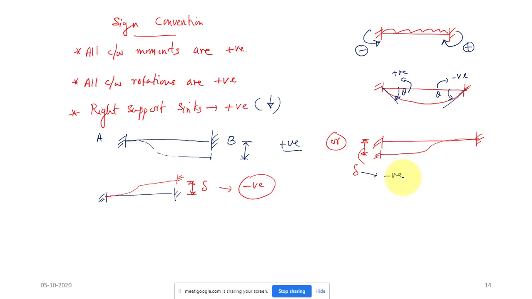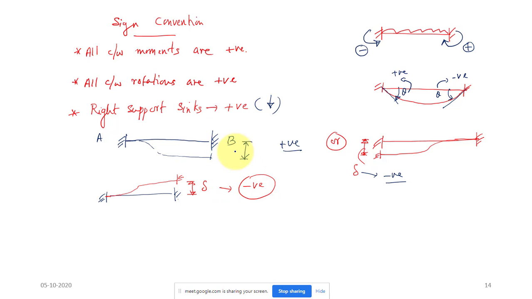I will just give a clarification. This is the positive sign convention, that I think is no doubt. Right support going down is positive, so the opposite of this will be negative, right? What is opposite to this? Exactly opposite is the left support going down, that is negative. And the right support going up is also opposite to this, so that is also negative.